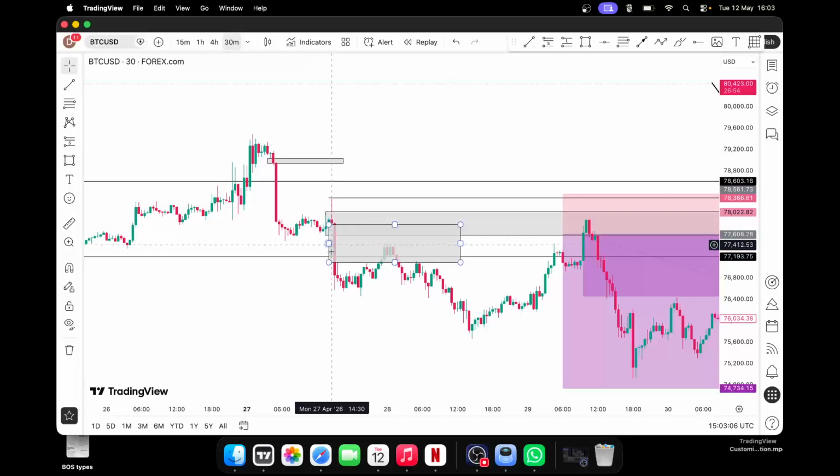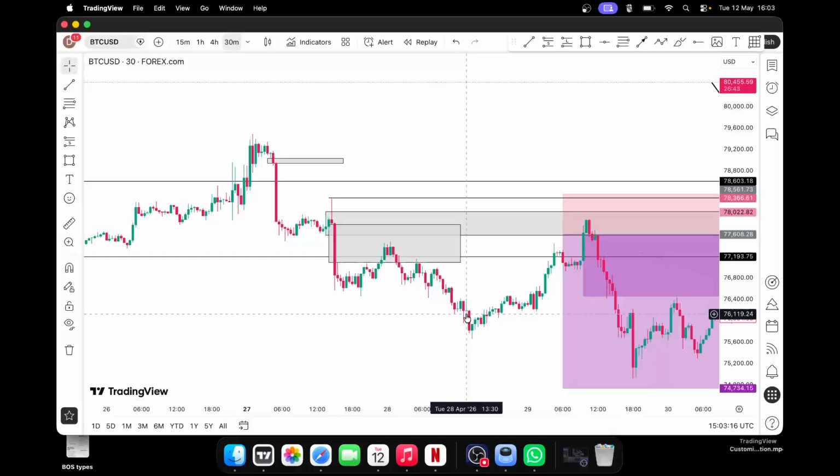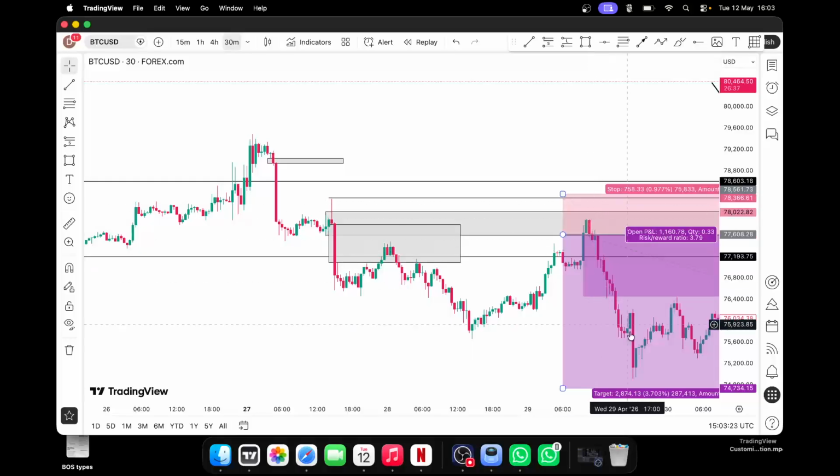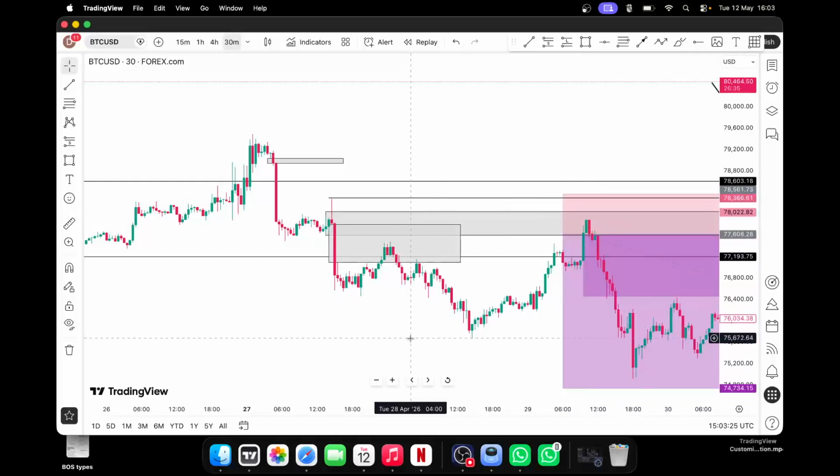There is no candle in between them. But what happened? The market later came back to that zone, and the market continued its movement. Then I said, okay, what happened? The market later came back there to my order block, and the market sold.